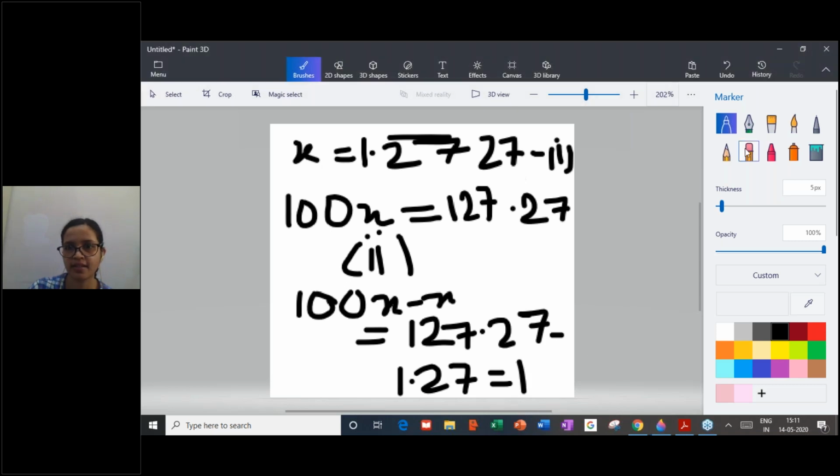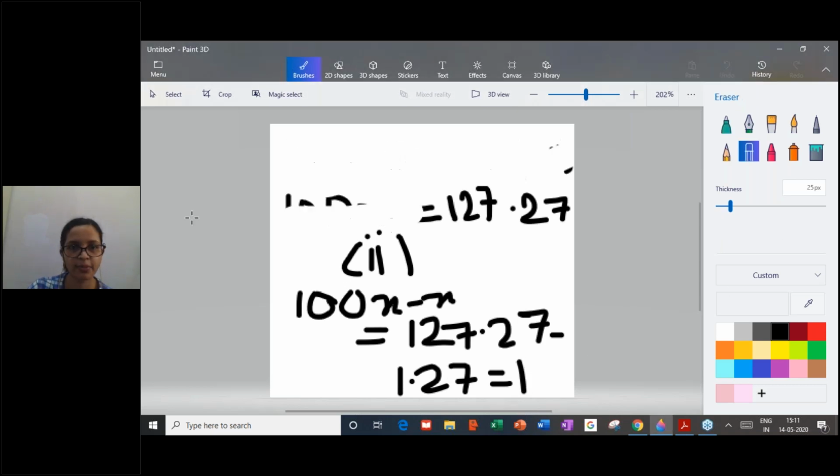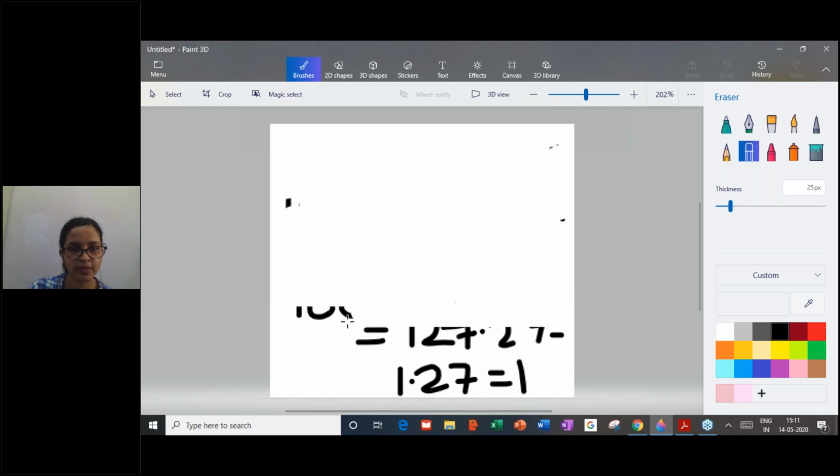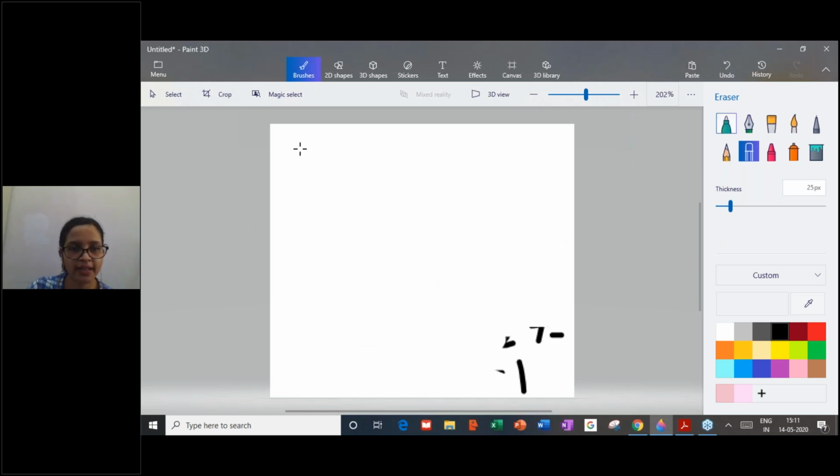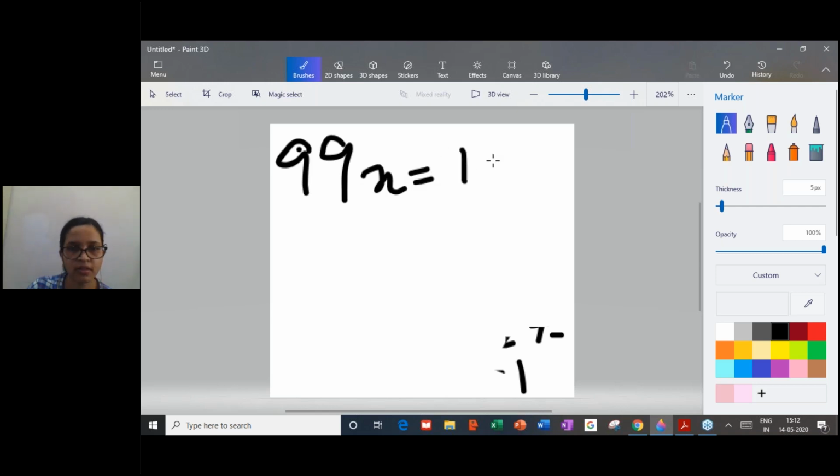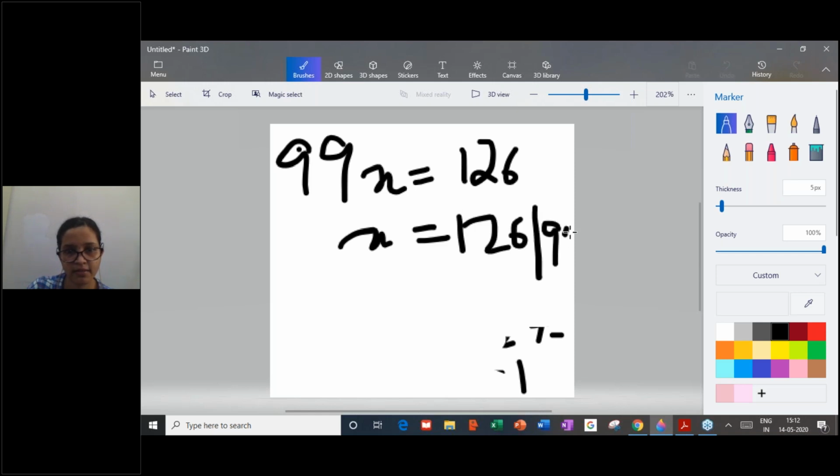Okay, I'll just erase this. Sorry, I don't have a proper board, so just make do with this for now. So when you subtract 100x minus x, you will get 99x is equal to 126, or x is equal to 126 by 99.